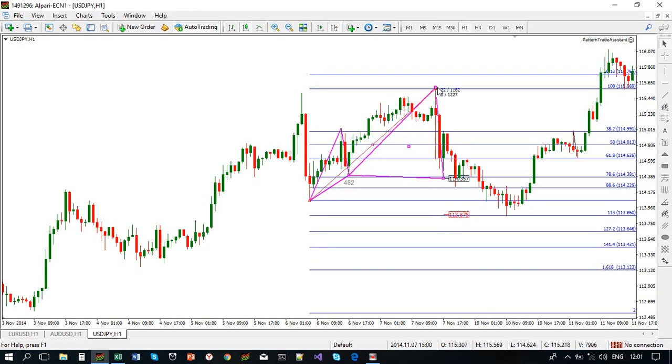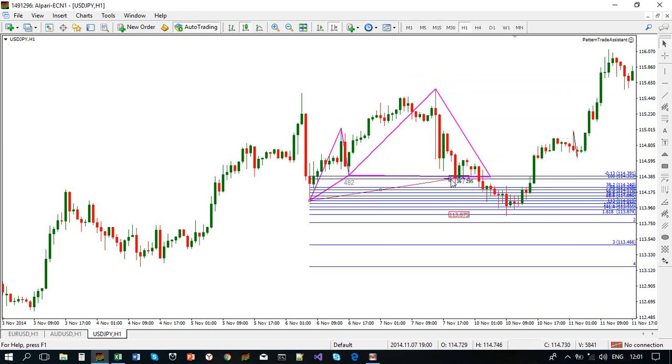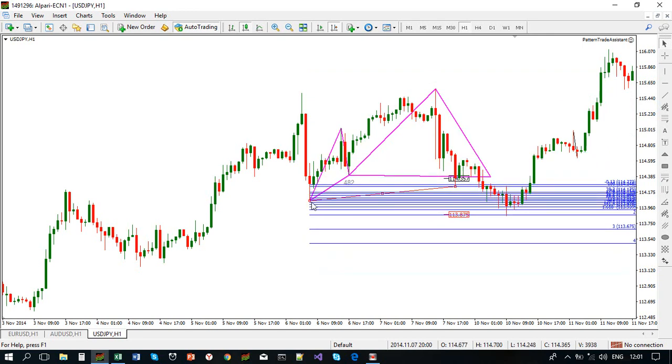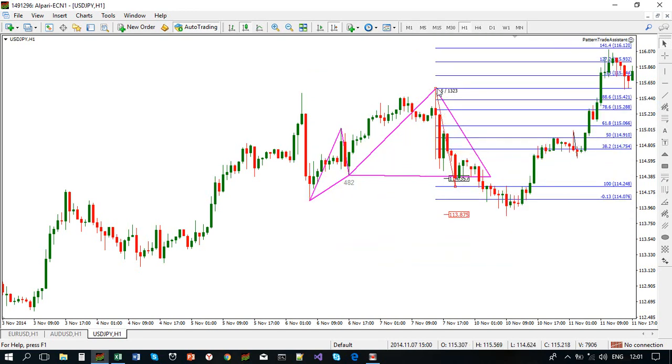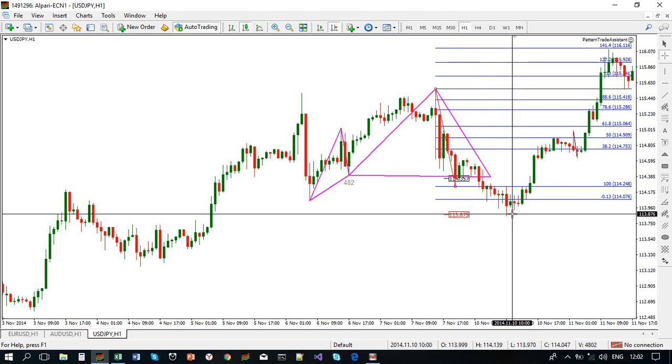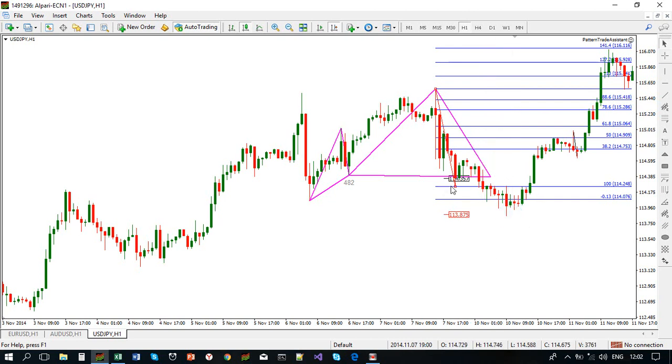The triangle should go here to fit the extreme, and it should go here, yes. And price action went to the downside, and it didn't hit the 382 level. You see it went lower and hit the stop loss.